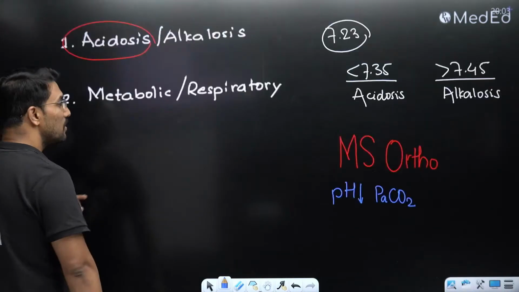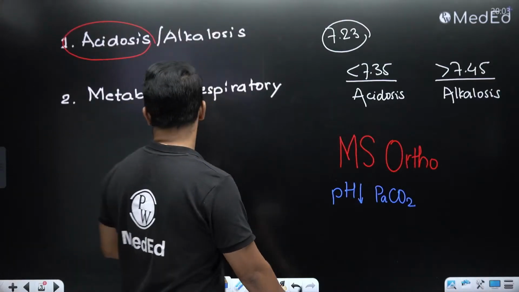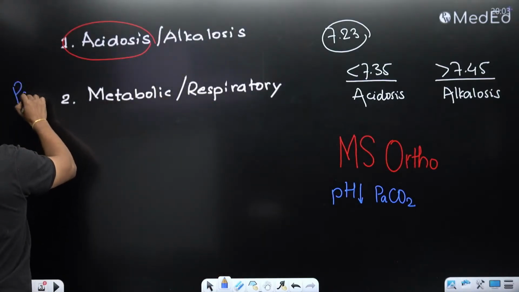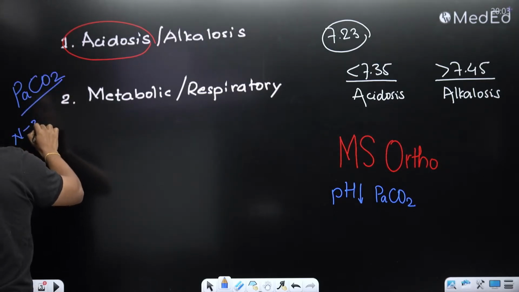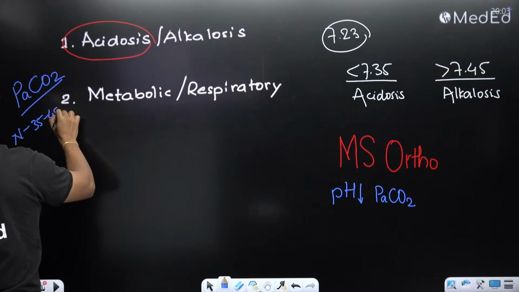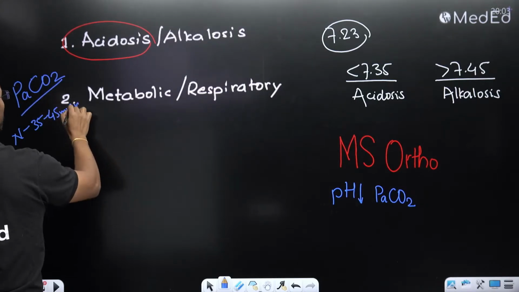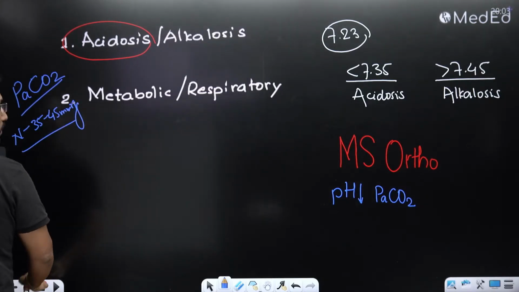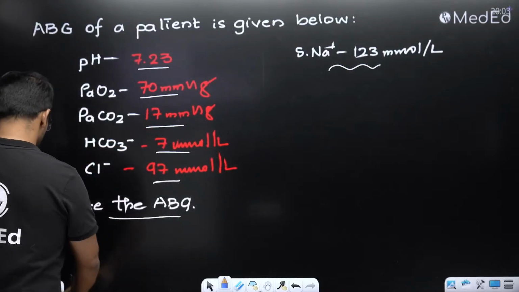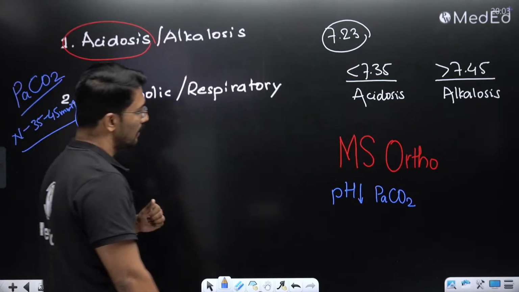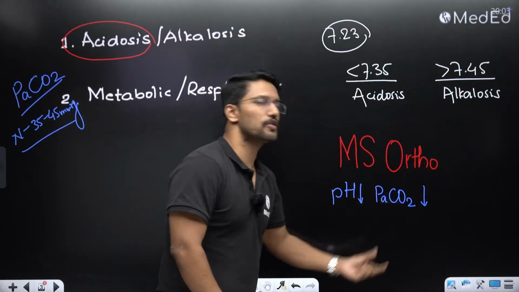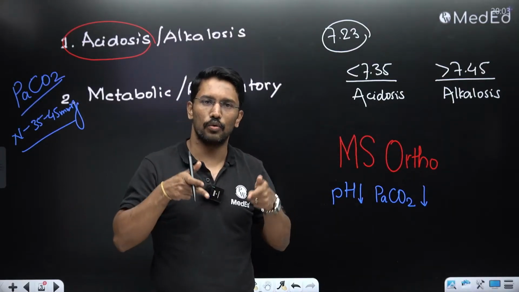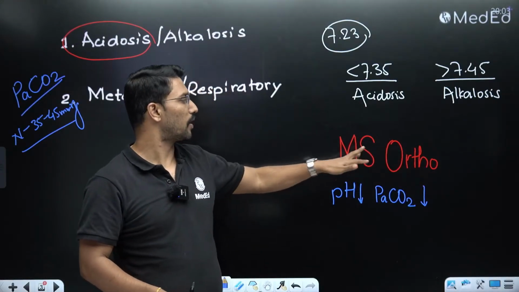The normal PaCO2 range is 35 to 45 millimeters of mercury. It was 17, so is it decreased or increased? It is decreased. So pH and PaCO2 are following the same direction. Both are decreased.